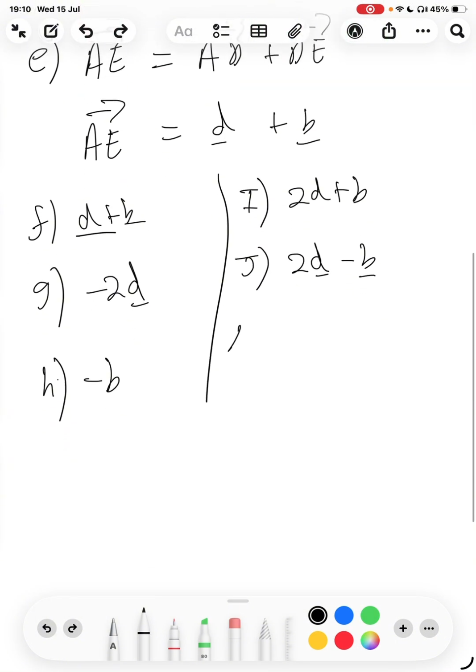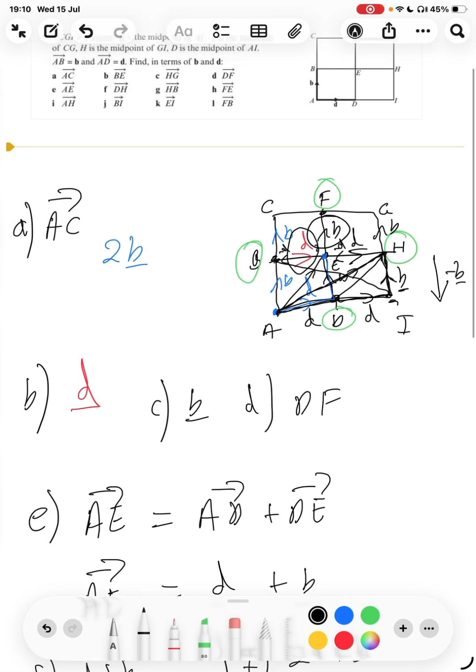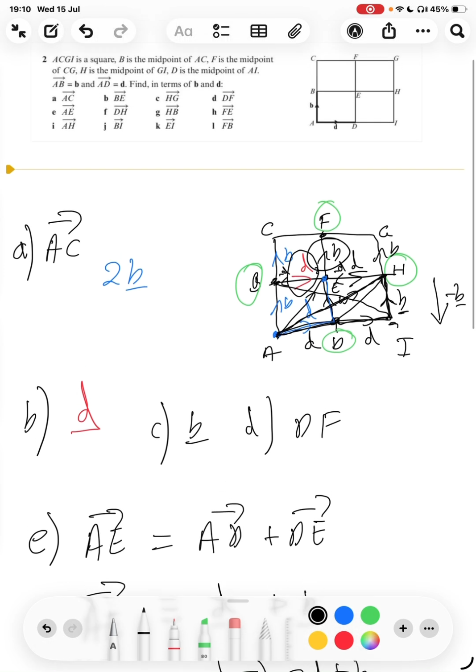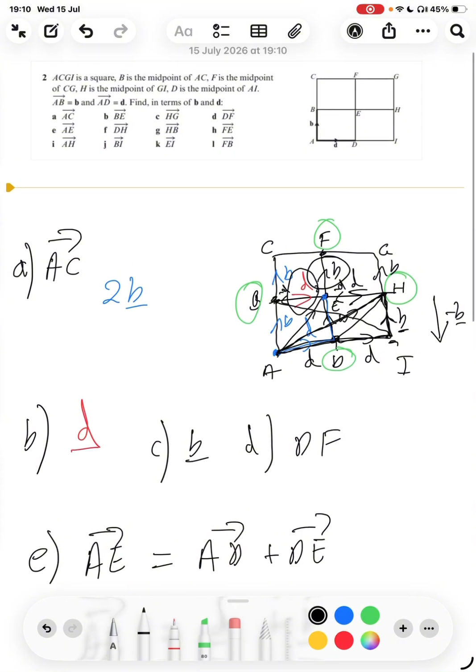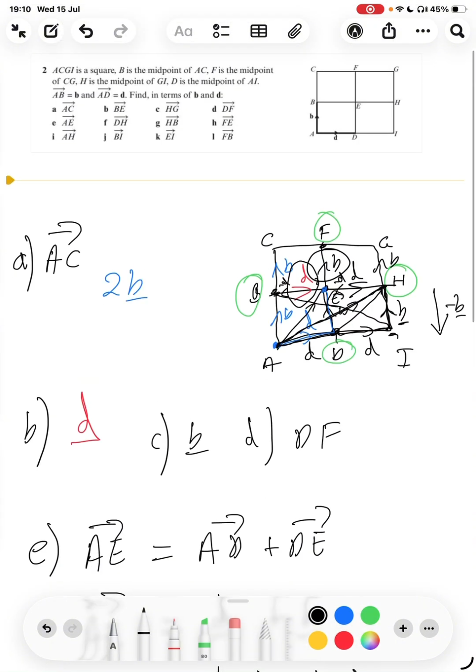K now. E to I. Now look at this diagram. It gets very confusing, but I promise this diagram is more confusing than it needs to be. Where's our E? E is our central bit here. Okay, E to I. We're going across here.